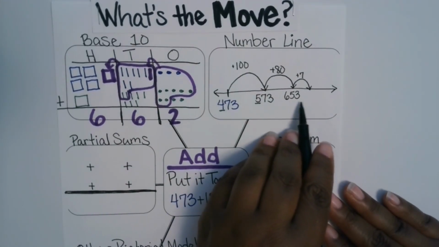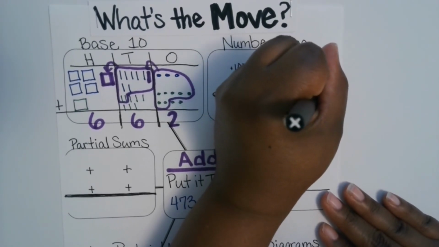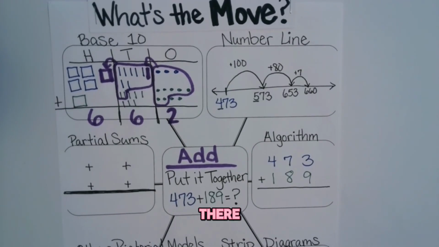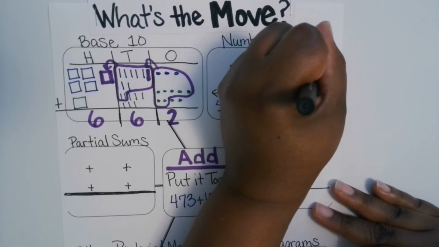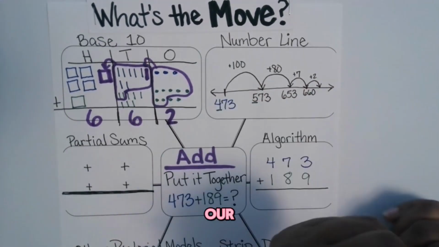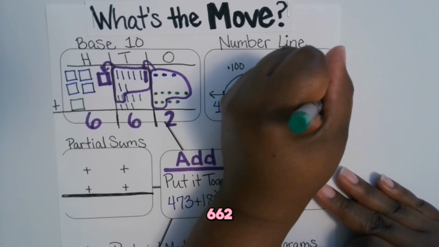If I add 7 to this, it's going to come up to 660. That way I get to a friendly number. From there, I would add 2 more, or another jump of 2. And then that would equal, of course, our sum of 662.